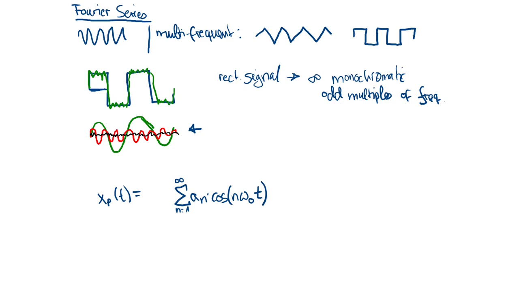This is the form that we have learned in the previous video. So the monochromatic signal is a cosine function. Now we can see an interesting fact. So there is the base frequency, or here the base angular frequency.